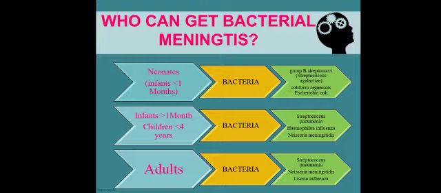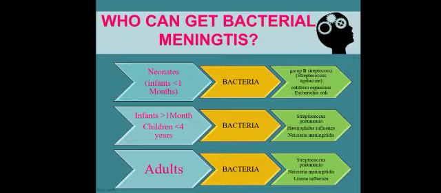The bacteria causing it in infants greater than 1 month and children less than 4 years are Streptococcus pneumoniae, Haemophilus influenzae, and Neisseria meningitidis. The bacteria causing it in adults are Streptococcus pneumoniae, Neisseria meningitidis, and Listeria monocytogenes.